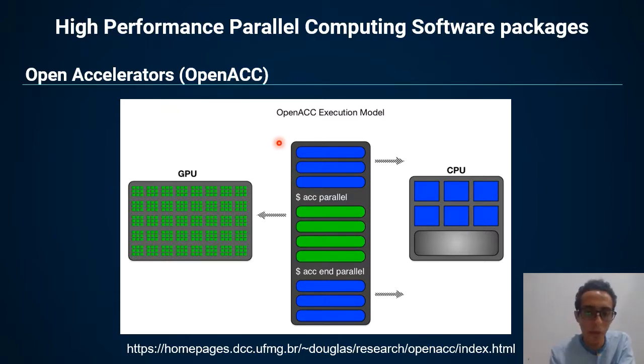What I mean by heterogeneous is that we are running two different architectures at the same time. So in this model, the program execution will start off running on the CPU and work through the sequential parts of the code.